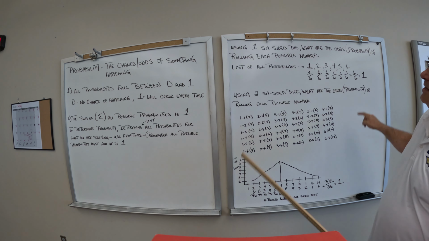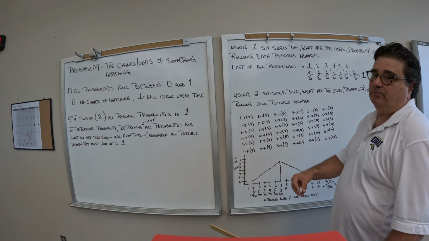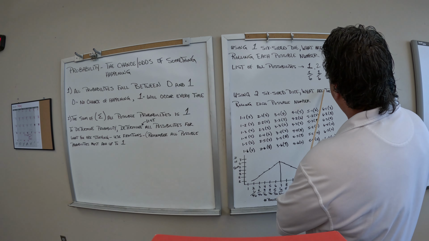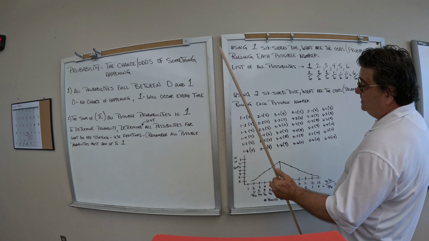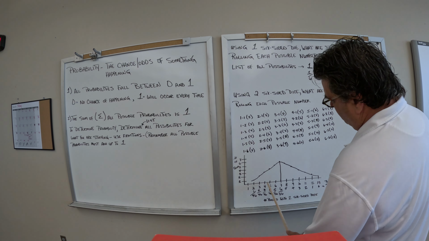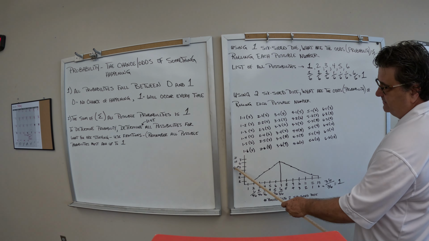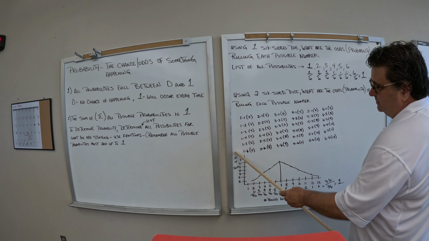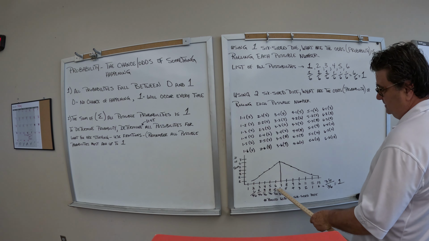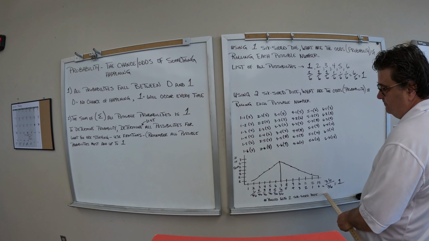Okay? Now, we complicate life a little bit and we start using 2 dice. What are the odds or the probability of rolling each possible number? I've put a little graph here. On this side, it's the number of possibilities to roll that number with 2 dice. And this is the actual numbers down on the bottom.